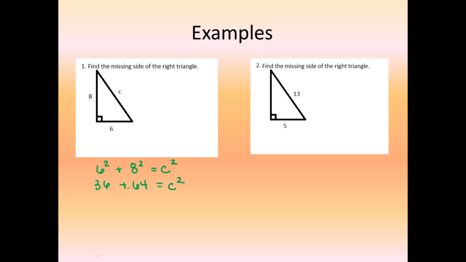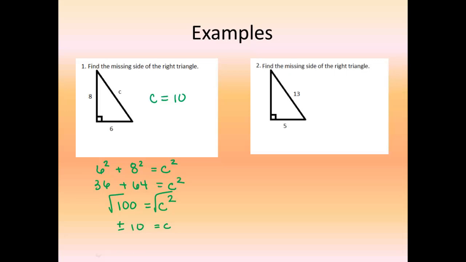I'm going to add together 36 and 64, which gives me 100, equals c squared. In order to solve this, I'm going to need to take the square root of both sides. When I take the square root of both sides, I actually get plus or minus 10 equals c. But because I'm talking about the length of a triangle side, I do not want the negative, so my answer is c equals positive 10.